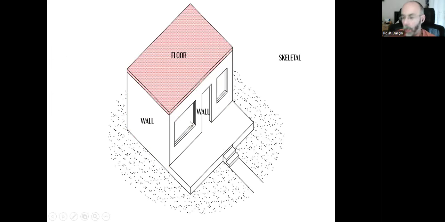However, if we change our decision and decide on creating a skeletal structural system, then the walls will not be carrying anything, because there will be vertical components to meet, carry and transfer the loads.